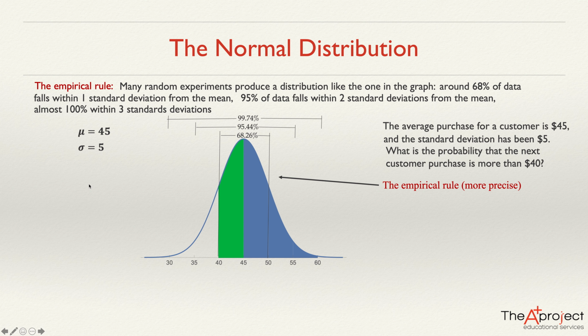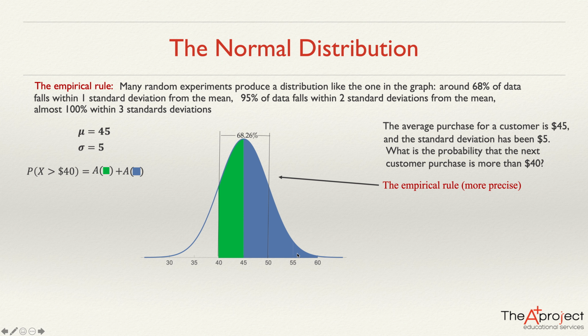So the probability that a customer purchases more than 40, or the probability that the random variable is more than 40, will be this green area plus the gray area that is here. I think we can compute it because I'm interested in this part, so I have erased the other percentages, but I noticed that the whole area is 100%.